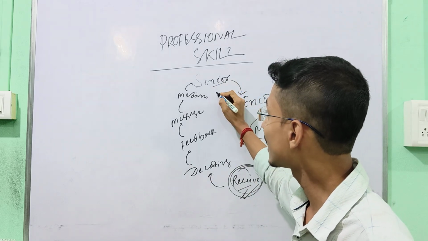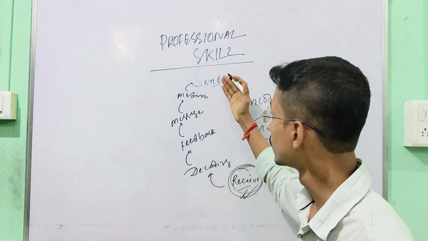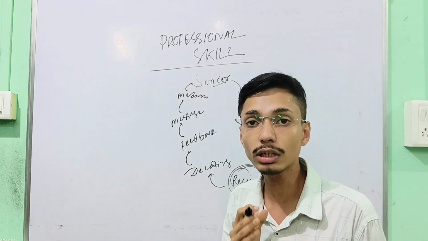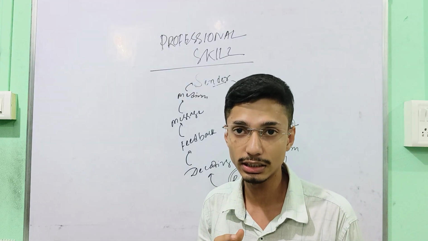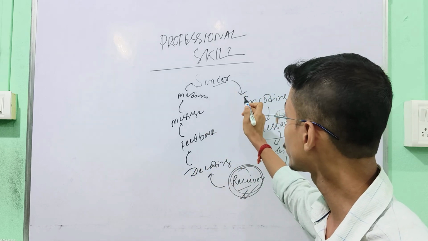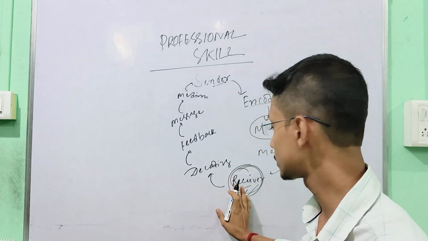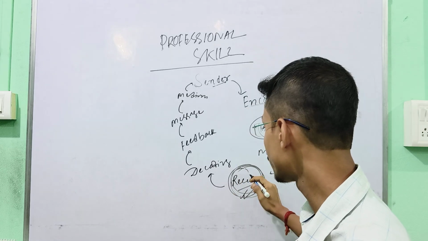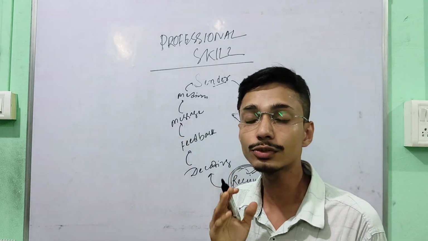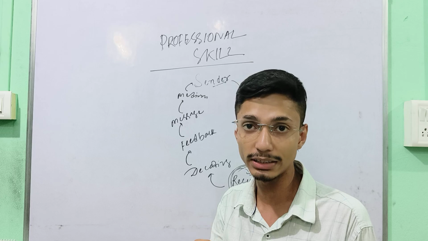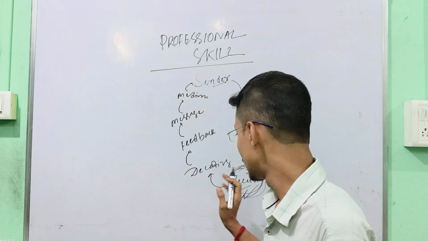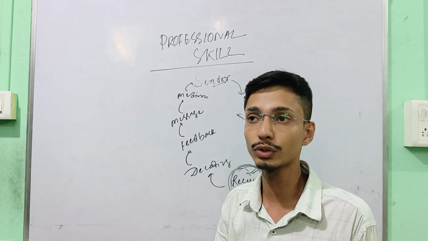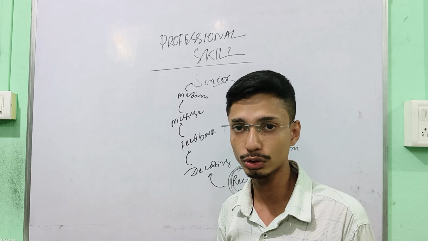If the sender directly sends a message from his language to the receiver's language, then it is not a complete process of understanding. So the sender has to encode it so that the receiver can understand. But when the sender sends a message to the receiver, the process of communication is not yet successful or complete. The receiver also has to send a response to the sender so that it is a complete two-way process.